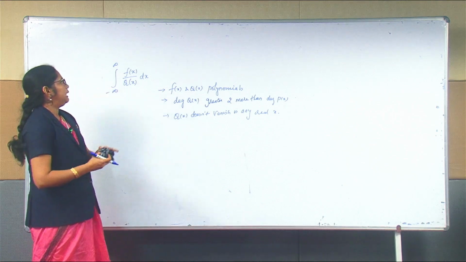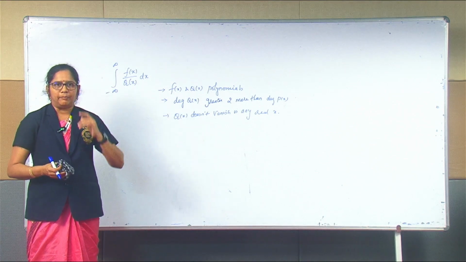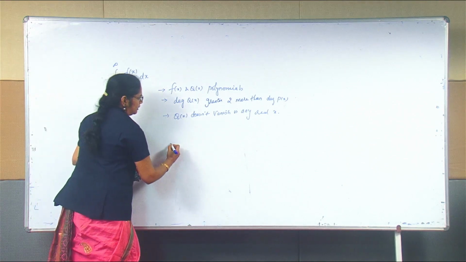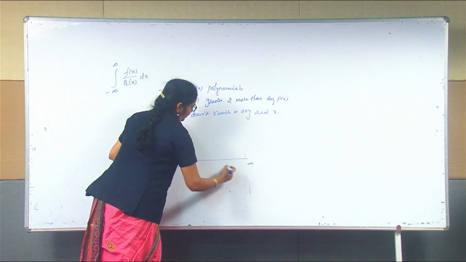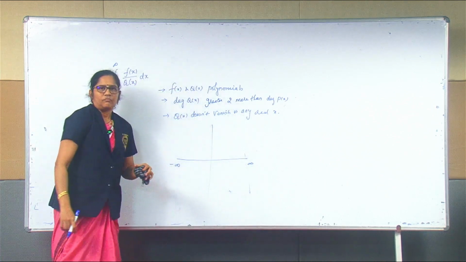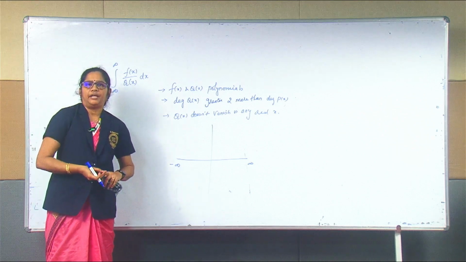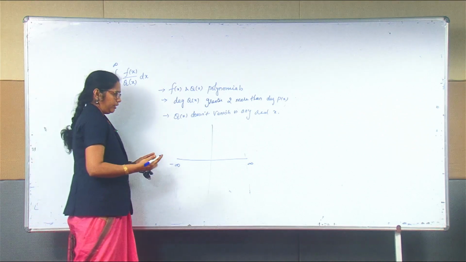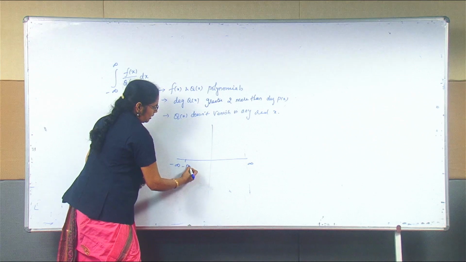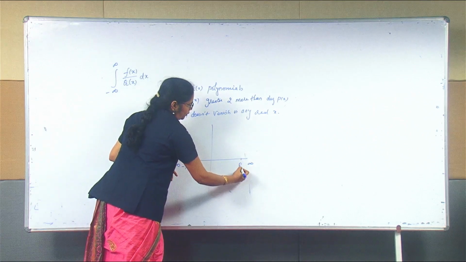What about the limit here? Actually, the limit minus infinity to infinity, this is a number line, right? So in the number line minus infinity to infinity, you know that infinity is just a big number. So what we are doing? I am considering one such large number, minus r to r.